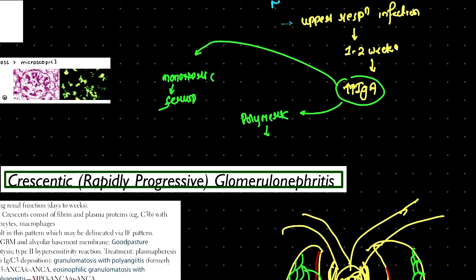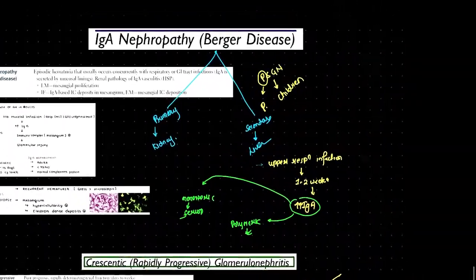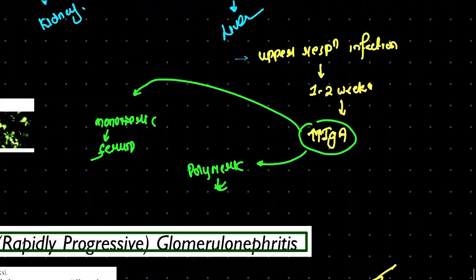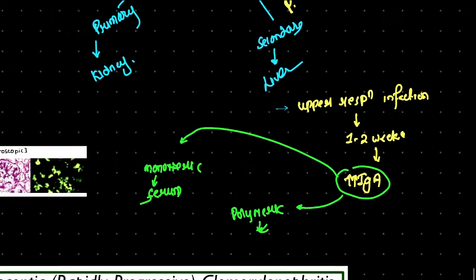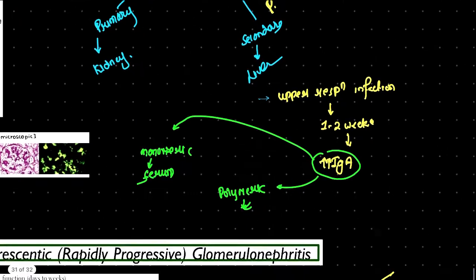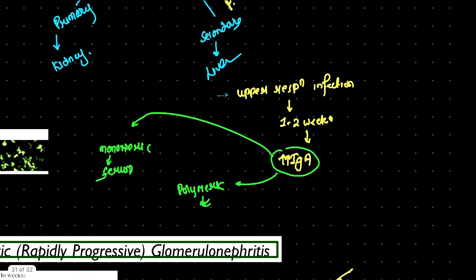If it is present in blood, it will be removed by our liver. It is not normally present in our blood. But in the case of Berger's disease or IgA nephropathy, this polymeric form will be increased in our blood, so there will be an increase in IgA level in our serum.